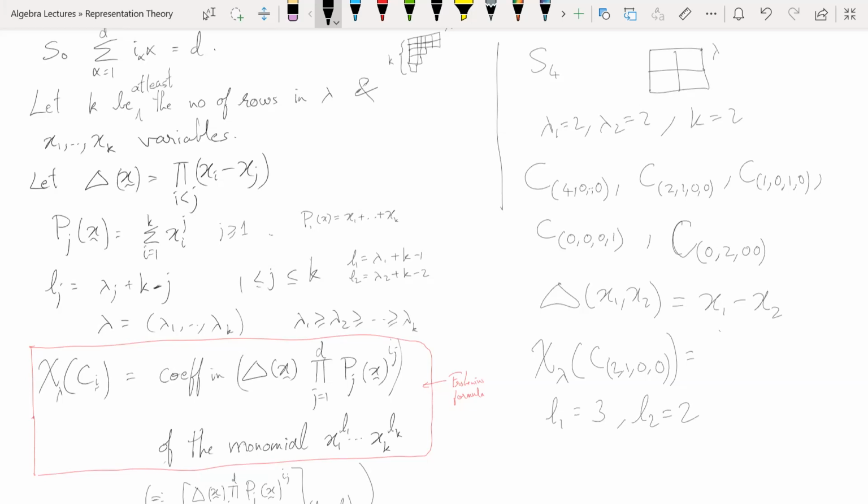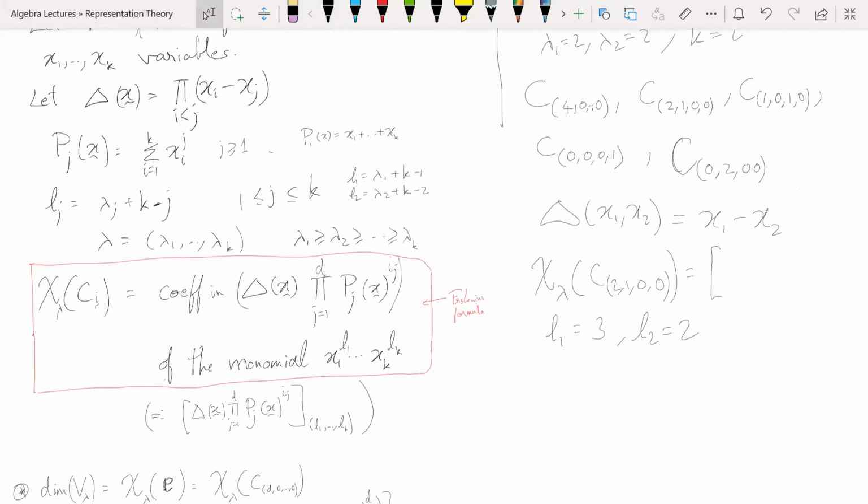So we want the coefficient of x1 power L1 to xk power Lk. So I'll use this notation. So x1 minus x2 times the product of these guys. The last 2 terms are 0, their 0th power is 1. So I just have to take the power of the first 2 terms.